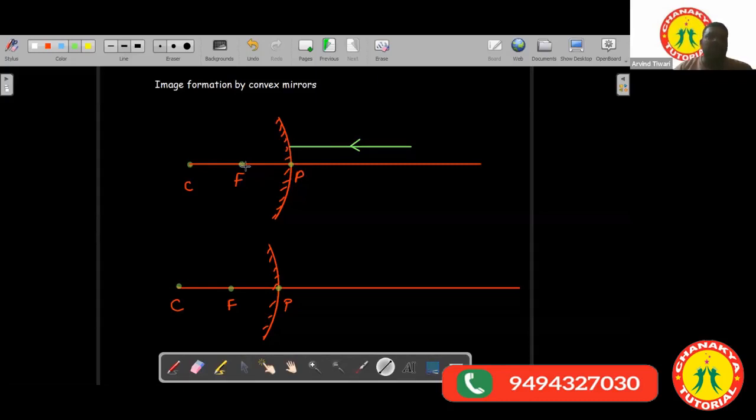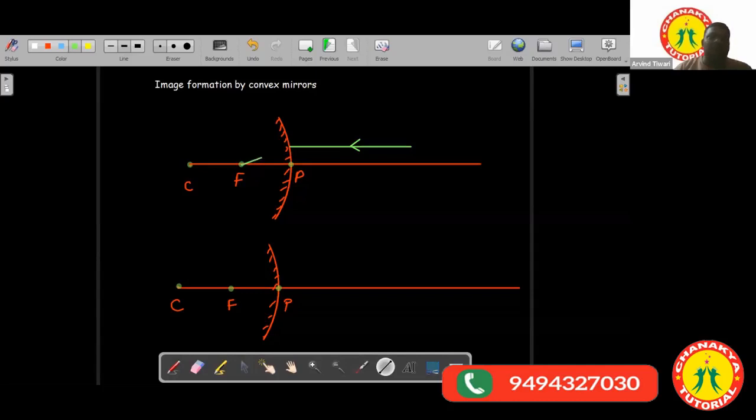Any reason why? Sir, the light ray cannot go past the mirror. No, it's because it cannot cross the mirror. Simply you have placed a reflecting surface, so it cannot cross the mirror, right?